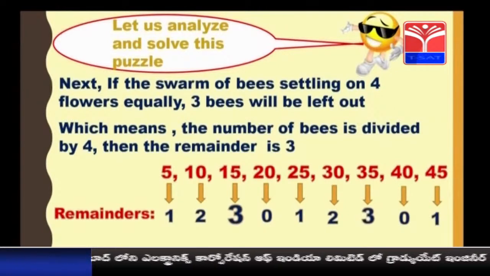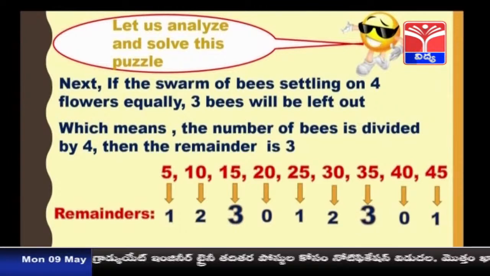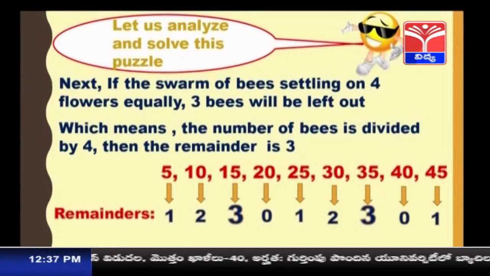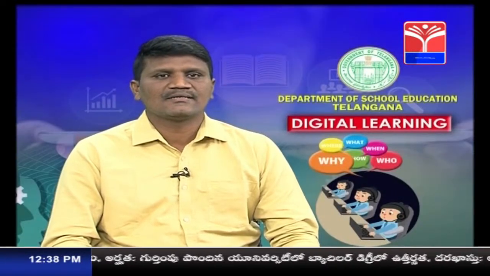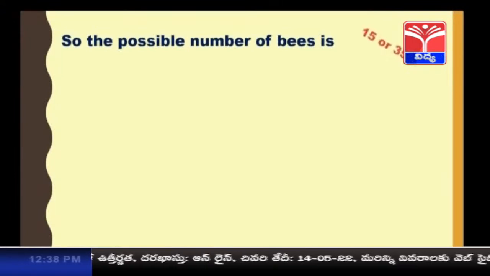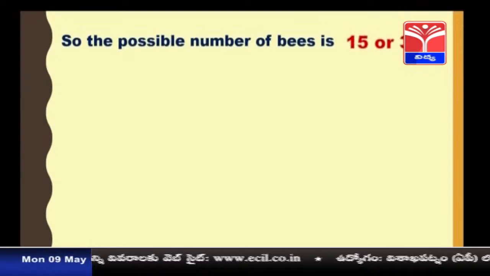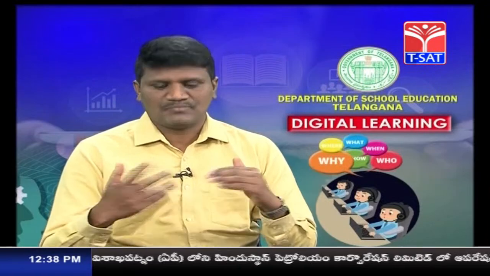We need remainder 3. So there are two numbers with remainder 3: 15 and 35. So the possible number of bees is 15 or 35. Out of these, one is the correct answer. To find the correct answer, let us see the next hint.